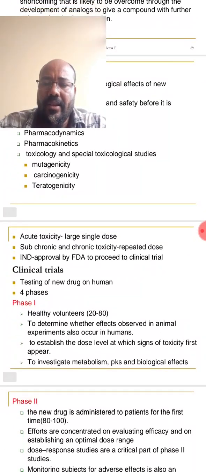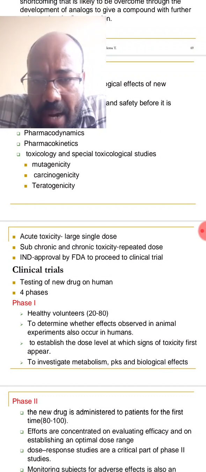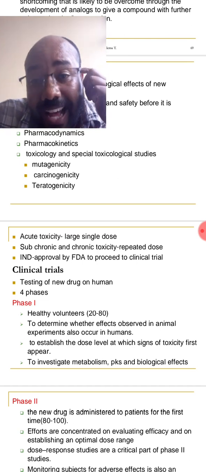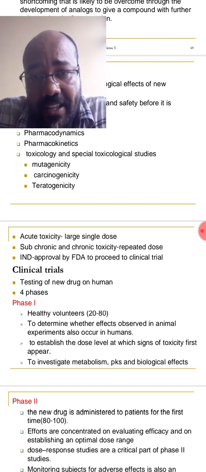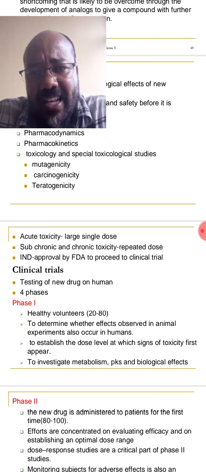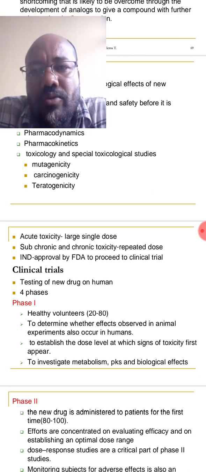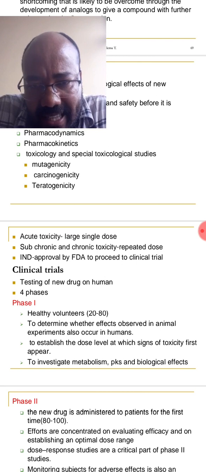Then IND is approved by the Food and Drug Administration to proceed to clinical trial. If that compound in the preclinical stage is safer, if it is better, after seeing the pharmacodynamics, pharmacokinetics, and toxicology, if it has better, desirable activities, we can pass to the other stage, which is called the clinical stage.